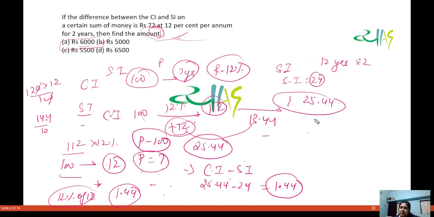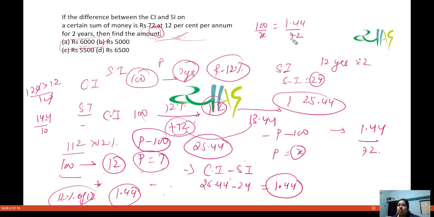When I take the principal as 100, my difference is 1.44. When I take the principal as x, my difference is 72. So 100 by x is equal to 1.44 divided by 72.